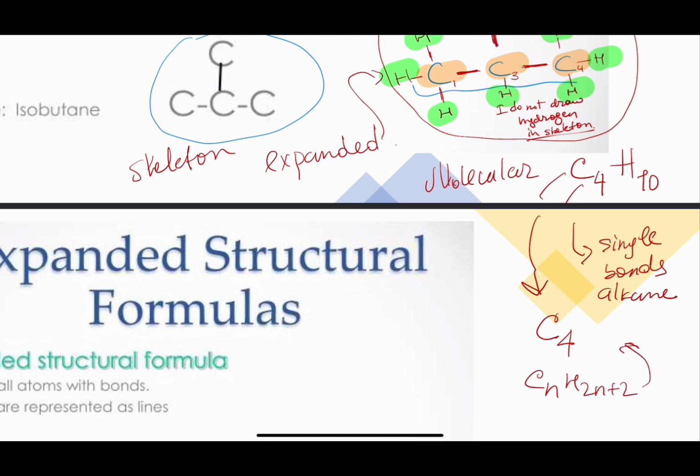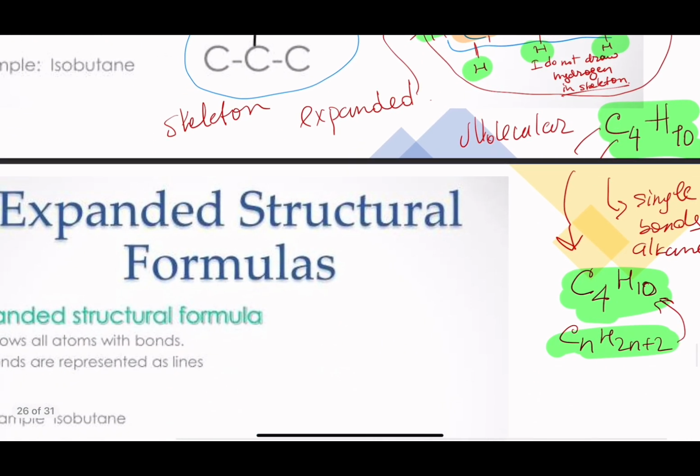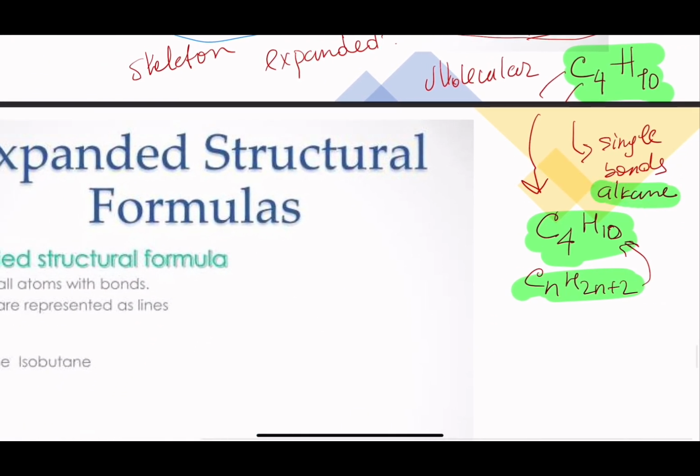So if I do the calculation, it will give me C4H10, just like I found in here. So we know that this guy is an alkane because it has the same formula, and because it has only single bonds. You guys can see that everything is connected in organic chemistry.